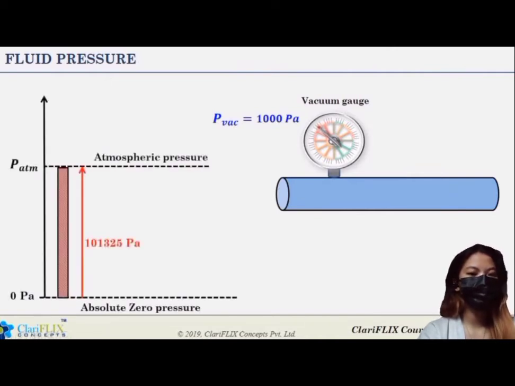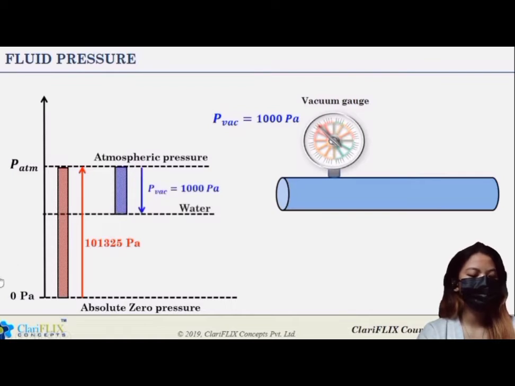Now the question is, what does this 1000 pascal indicate? It shows that the pressure inside the pipe is 1000 pascals lower than the atmospheric pressure. So vacuum pressure indicates how many pascals the pressure is lower than the atmospheric pressure line.